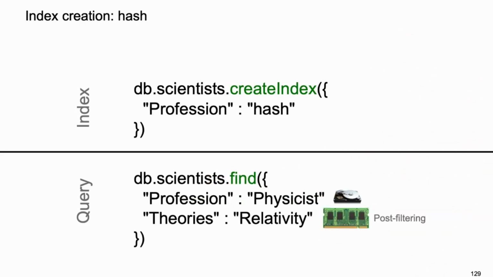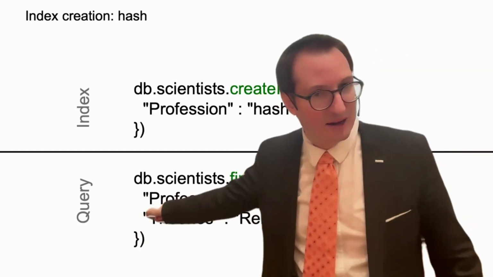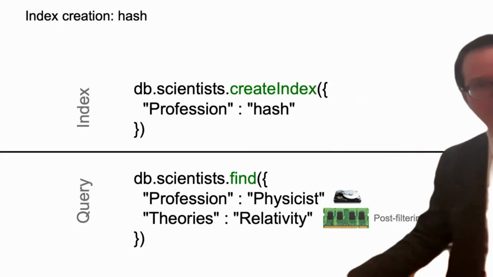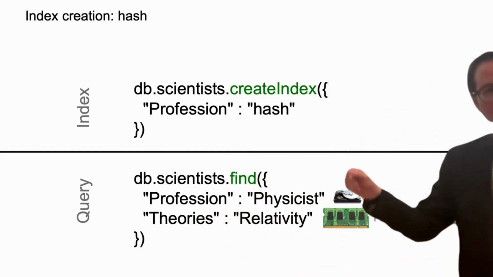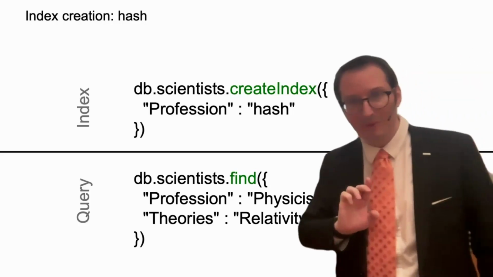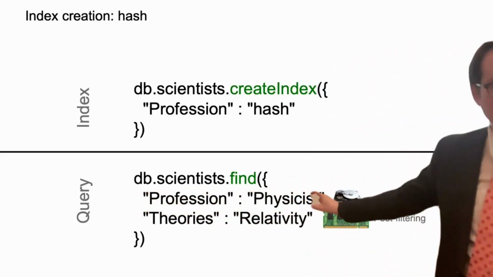Now, I have another query that is more complex. It's a conjunction. Remember that if I have several things here, it's an AND. So professional physicist AND theories relativity. Do you see that what MongoDB will do, it will figure out that this part here, it can use the index.